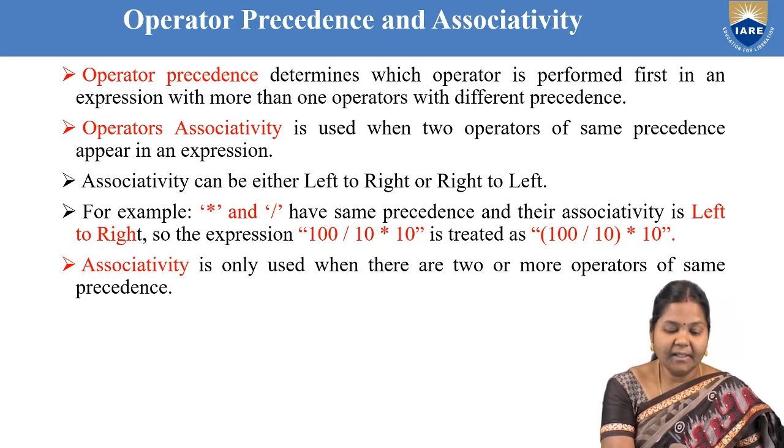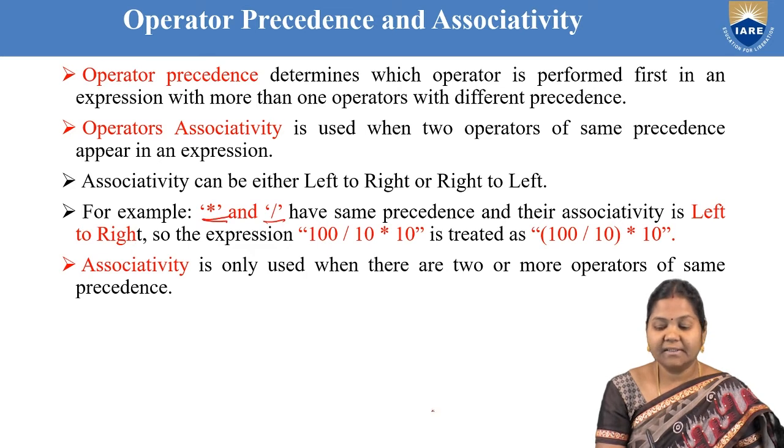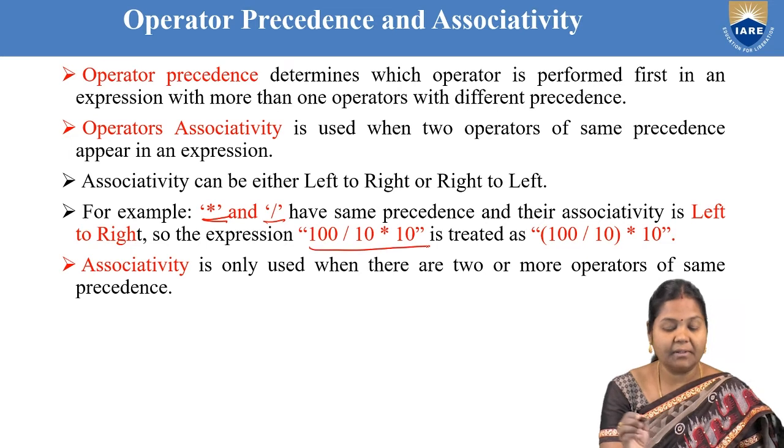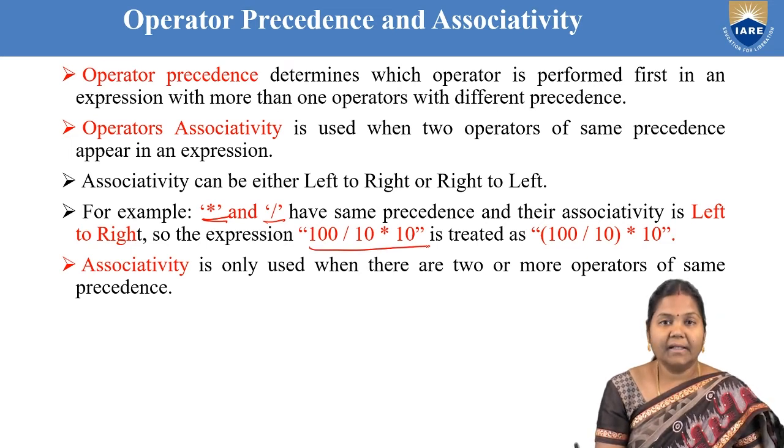For example, multiplication and division both have the same precedence and their associativity is from left to right, so the order of appearance will be checked. Let us see this example: 100 by 10 into 10. Here the operators are one division and one multiplication. Both operator precedences are at the same level, but the operators are evaluated based on their arrival order.